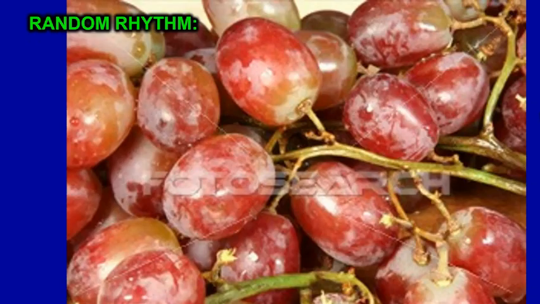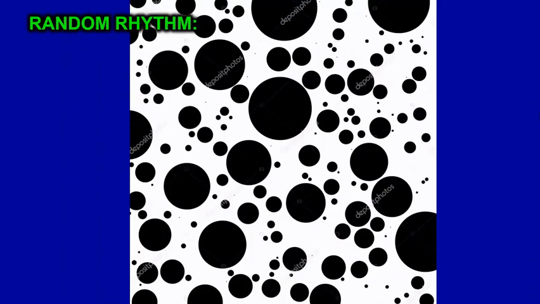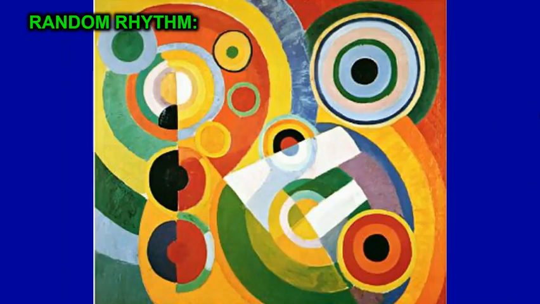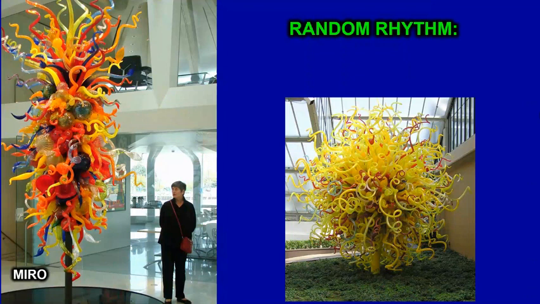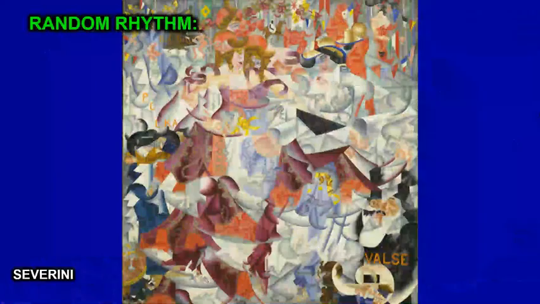All right, these grapes are repeated in random order. These polka dots are repeated in no apparent order. Some are small, some are big, some are close together, some are far away. Like these circles are not in any kind of order. And these squiggles are not in any kind of order. It's all random. So Jackson Pollock's drips are in random order, seemingly.